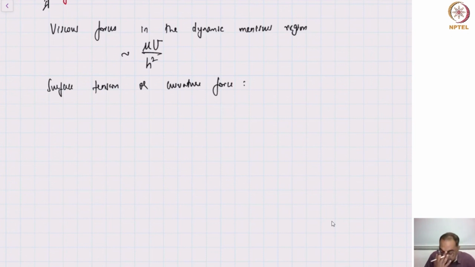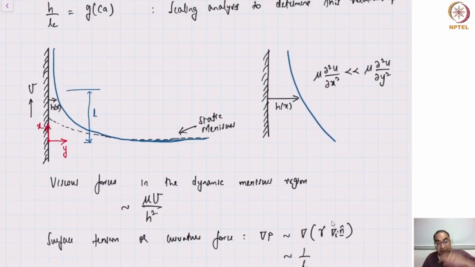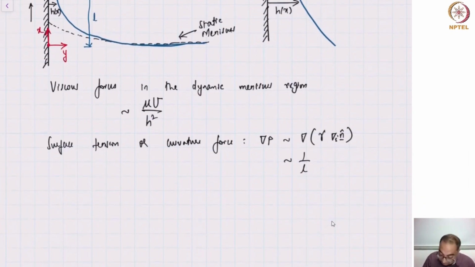The surface tension or curvature force comes from the pressure gradient, where pressure itself, if you look at the dimensional form of the Navier-Stokes equations, will be surface tension times curvature, and this would be 1 by L. That's the variation along the meniscus as you go up, del P by del x, and this term would be gamma by L times L_C.